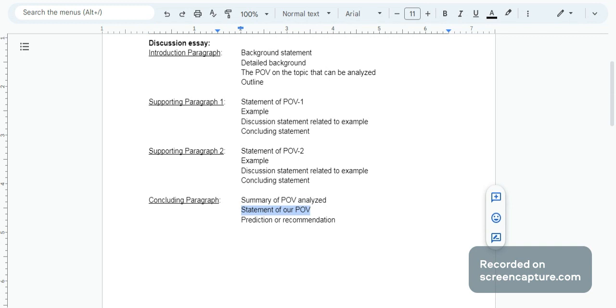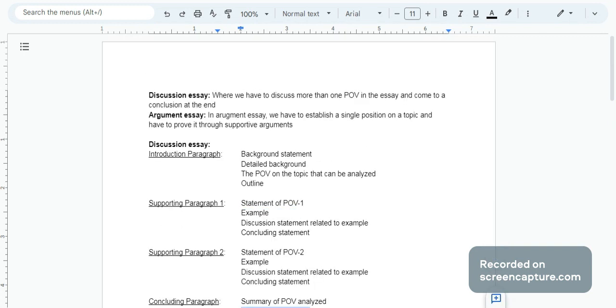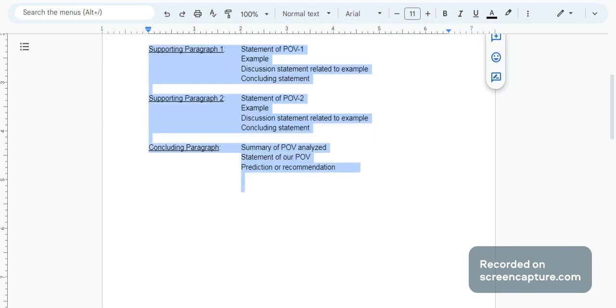This is the main difference between an argument essay and a discussion essay. In a discussion essay, you discuss both topics and give your point, statement, final verdict, final judgment here. But in the argument essay, you have to give your opinion first, write it in the introduction paragraph, and then write the rest of the essay by giving arguments about your point of view, your opinion on that.